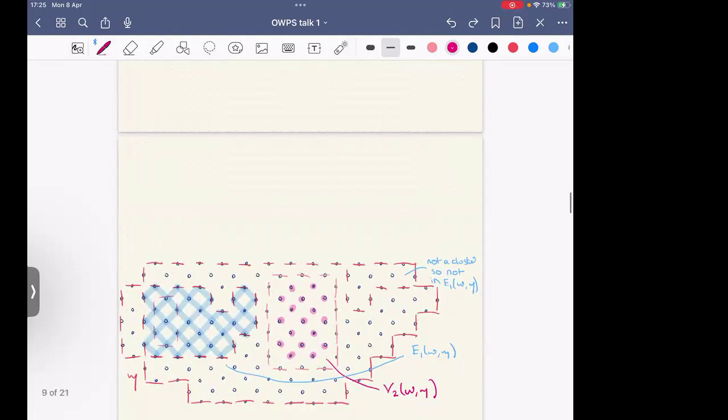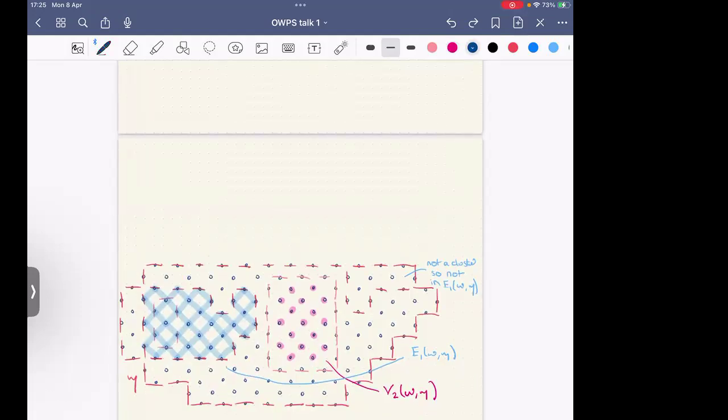Okay, so I'm going to do another definition. Let E1 of omega gamma be the edges in L in primal clusters. E2 of omega gamma is similar, that's the dual ones.